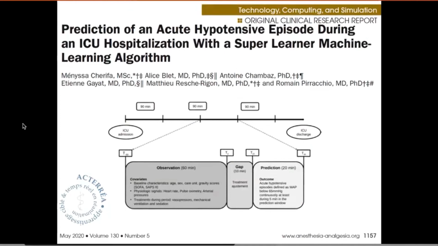But for the sake of this study, we filtered the patients with good quality signal, and we trained a super learner model to learn from a bunch of baseline characteristics, several physiological signals, and some treatment characteristics too, and we trained this model to predict the blood pressure up to 60 minutes ahead of time. Next slide.